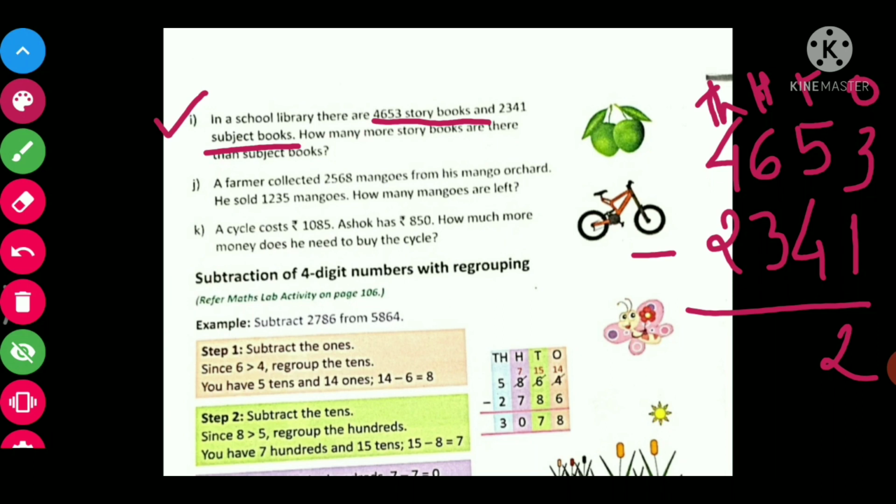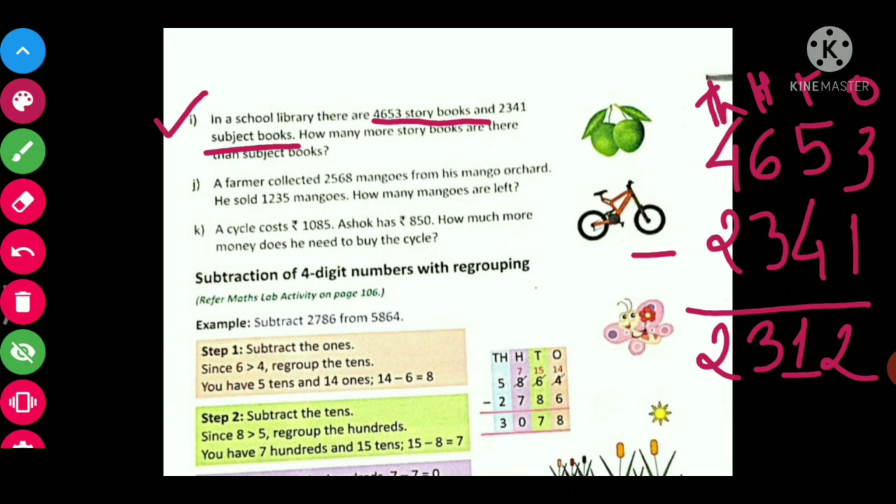See the tens place value? It will be 1. 6 minus 3, it will be how much? See the 100 place value? 3. 4 minus 2, it will be how much? See the 1000 place value? It will be 2.